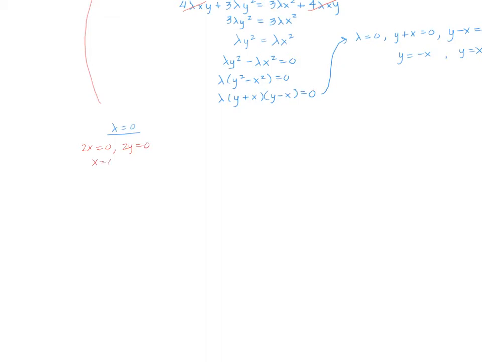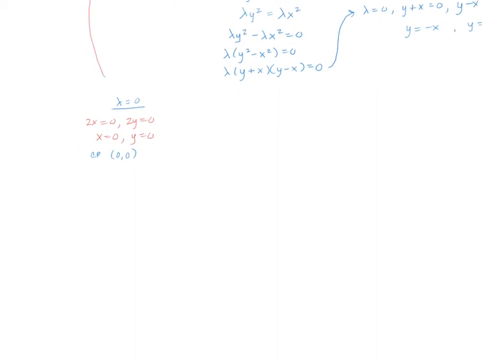So x is equal to 0, y is equal to 0, and then I have this critical point 0, 0. Remember, this critical point has to be on our constraint function. So is this on G? Actually, it's not.